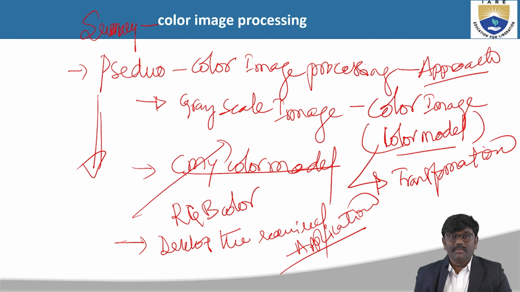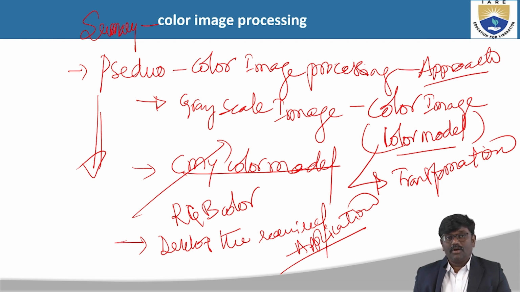So image processing can be used for medical image processing, for the sake of surveillance, for artistic effects, for law enforcement. So what application cannot be implemented with the help of image processing today?